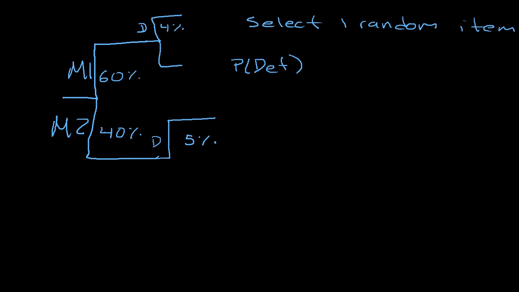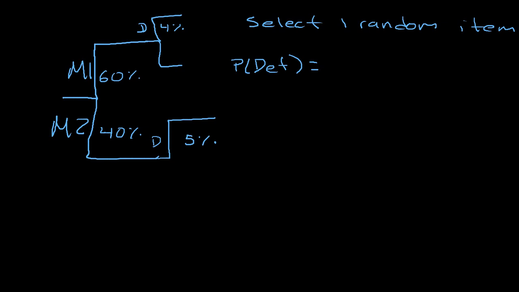Using the law of total probability, in this case our partition is going to be the events produced by the first machine and produced by the second machine. So we have a partition because all the items are either produced by the first machine or the second, and they are non-overlapping events. Either the item is produced by machine 1 or by machine 2, but not by both.